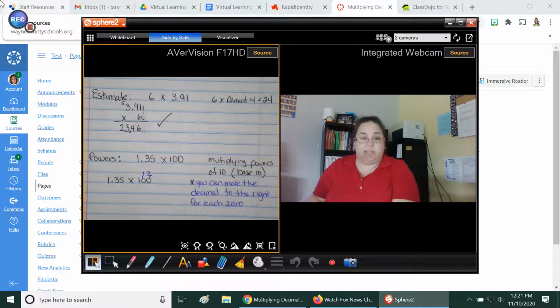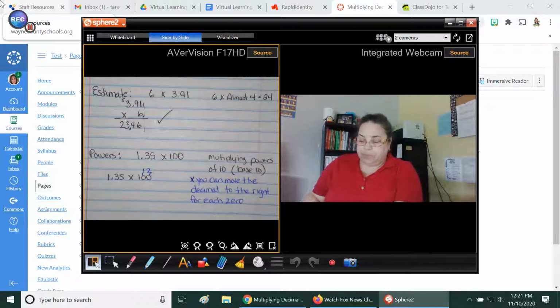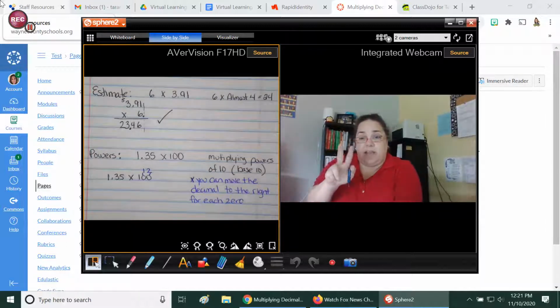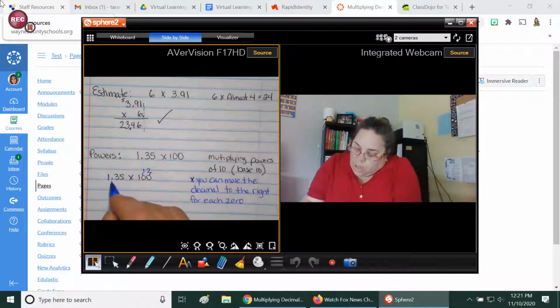It's pointing at the zeros. So that means I can move my decimal to the right twice. So I can go 1, 2. That's where my new decimal is, which makes my number 135 instead of 1.35.